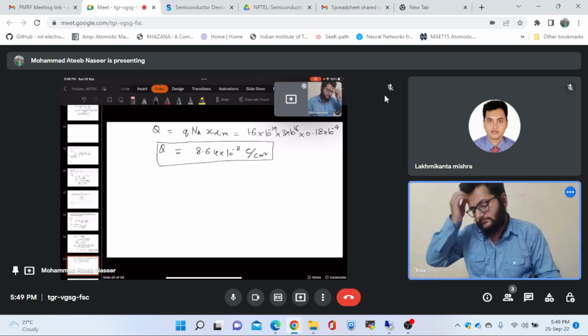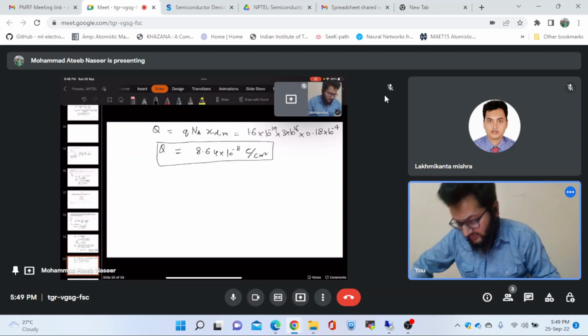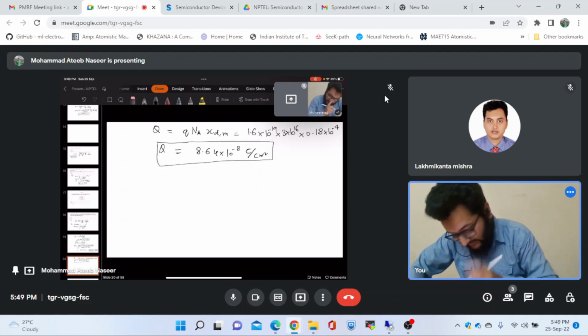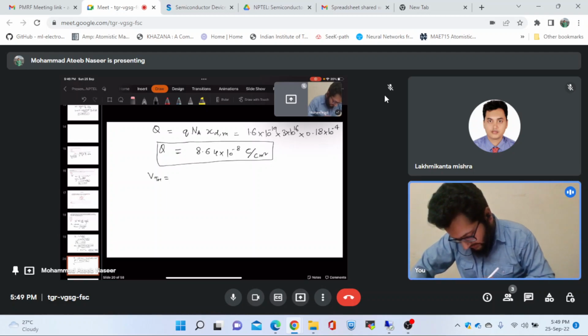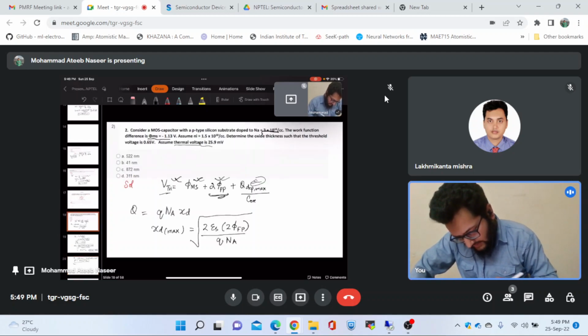Now I can put this back in the VTH expression, where VTH is given to be equal to 0.65.